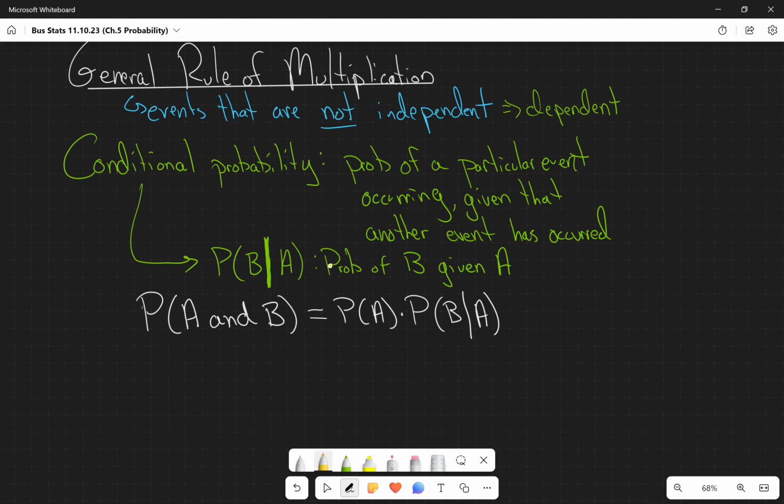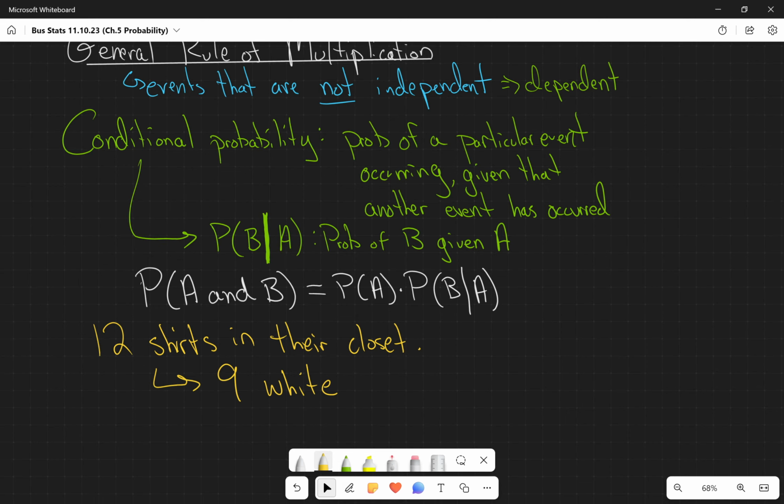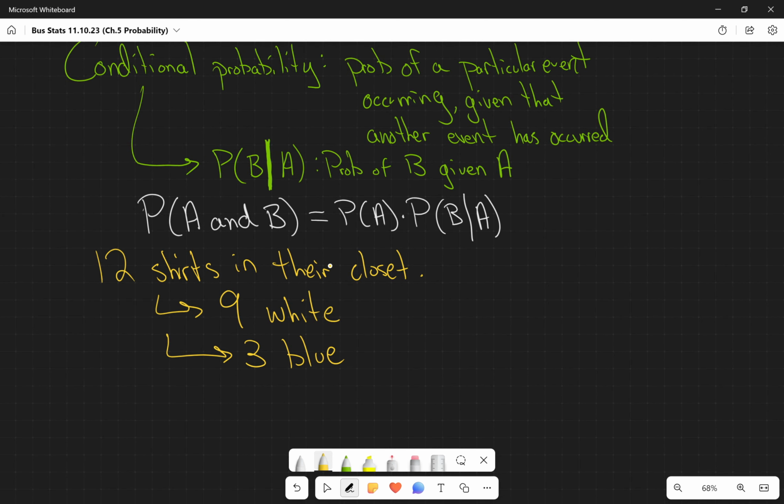So we talk about a golfer having 12 shirts in their closet. We're told that 9 of these shirts are white and that the others are blue. So we have 3 blue. We're told, let's suppose he gets dressed in the dark, and he plays golf 2 days in a row and doesn't return the shirts to the closet. That's an important part.